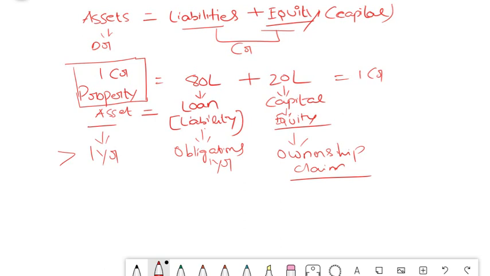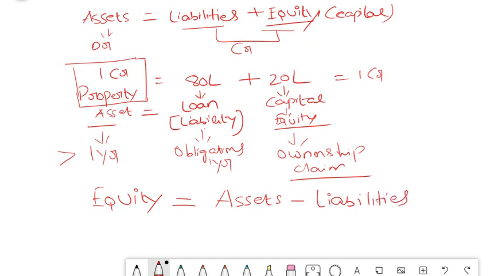So based upon this formula, what we derived is equity is equal to assets minus liabilities. This is the formula.